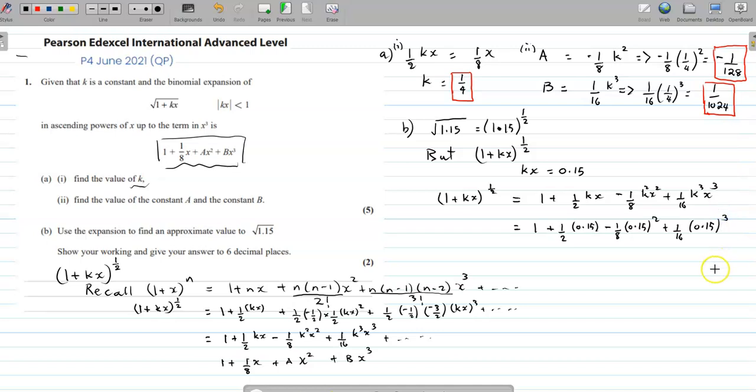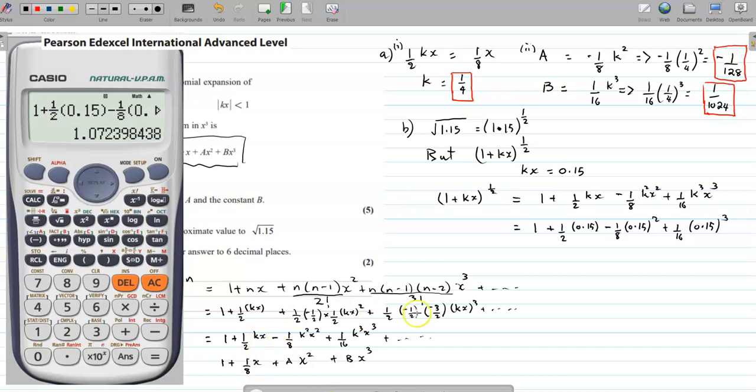Let's get our calculator and input this value and see what we get. We want our answer to 6 decimal places.